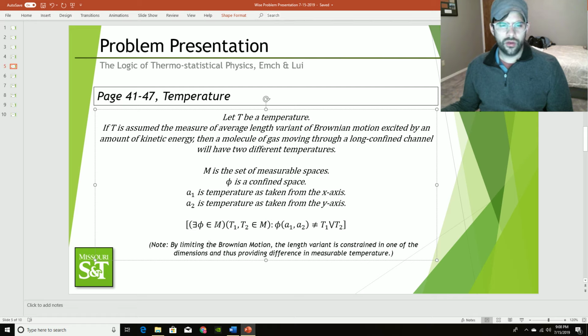If you look at the logic here, basically, there exists a phi within these measurable spaces, which means there is a confined space that is still measurable, and there exists a temperature 1 and a temperature 2 within these measurable spaces.